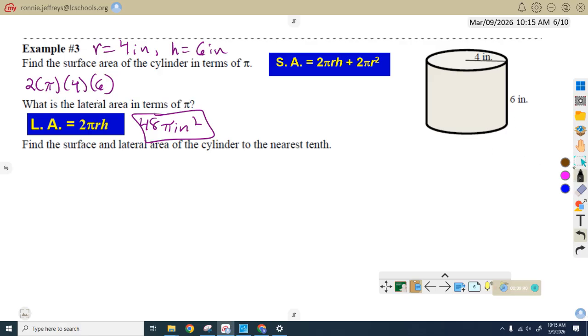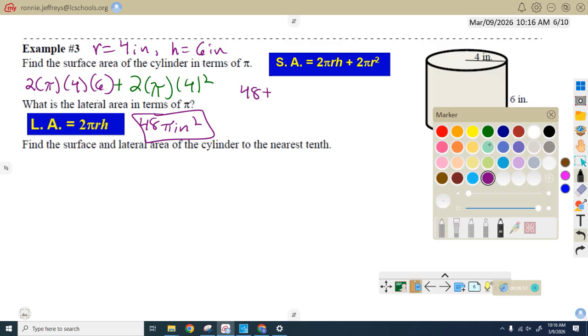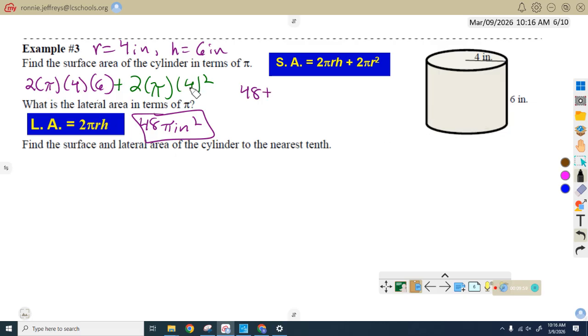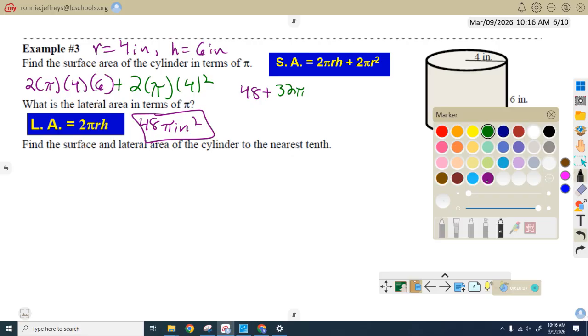And then the second part, 2 pi 4 squared. So we would have 48 plus, let's see, 4 squared is 16 times 2 is 32 pi. I forgot the pi on this one.